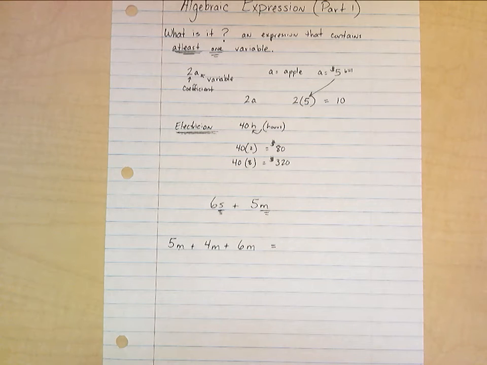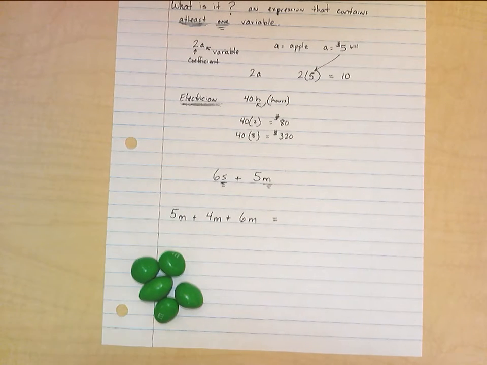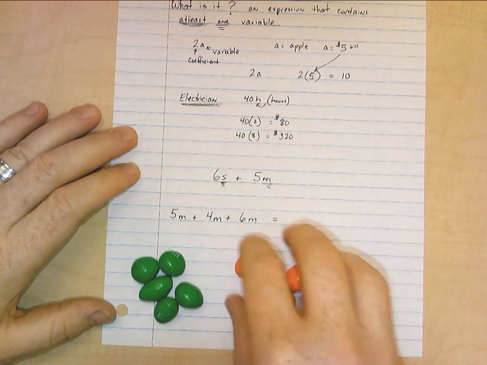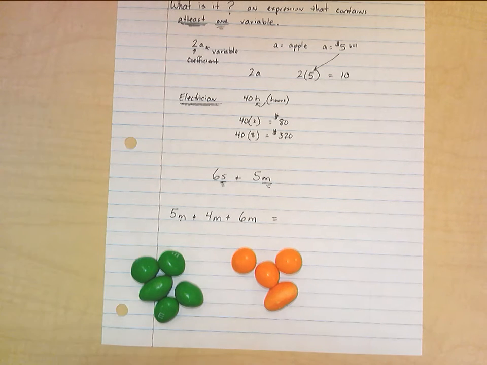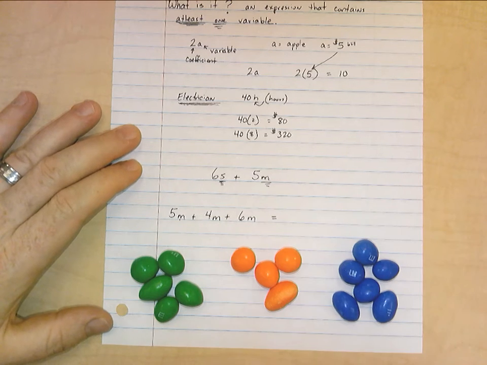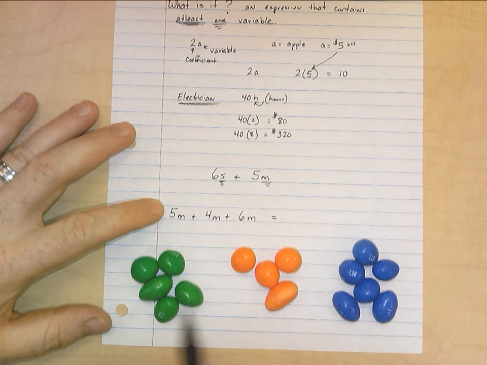If I had 5 M&Ms that happen to be green, 4 M&Ms that happen to be orange, and 6 M&Ms which happen to be blue, altogether I would have how many M&Ms? 5 plus 4 is 9. 9 plus 6 is 15.